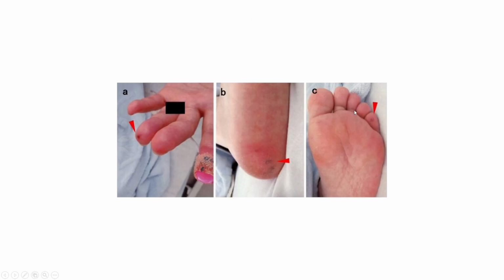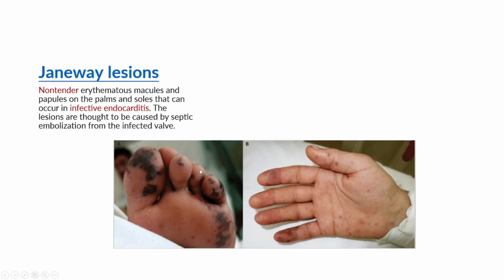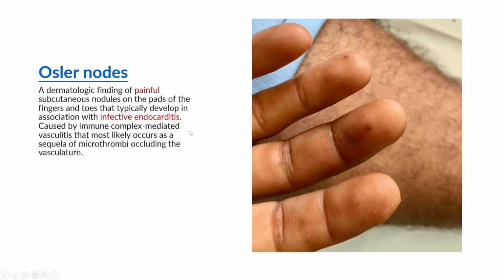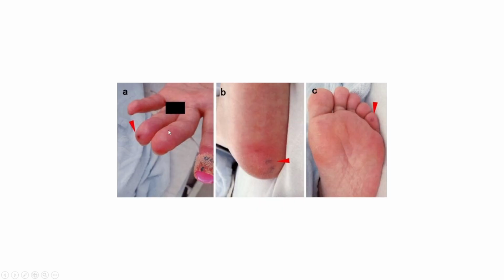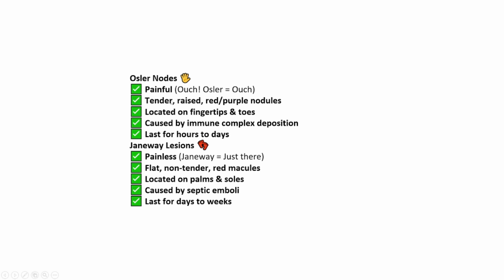Here's another picture of Osler nodes on the fingertips and toe tips. Another difference that I remember: Janeway lesions are flat lesions, and Osler nodes are raised lesions.